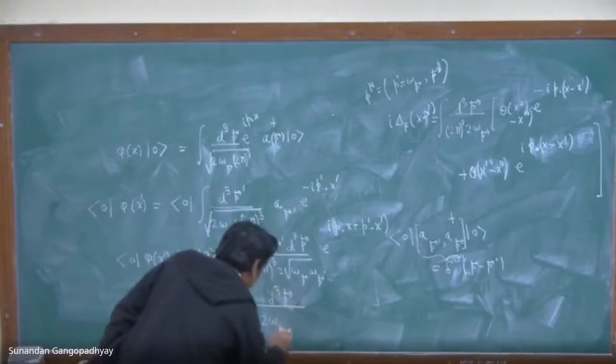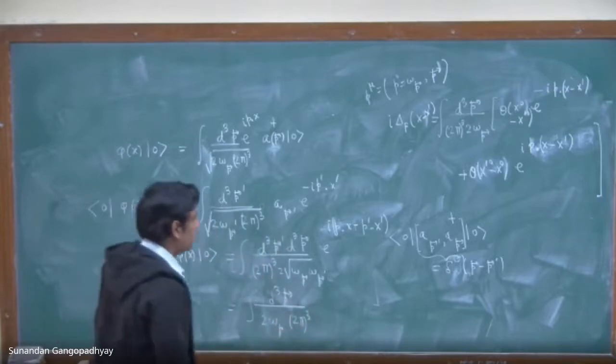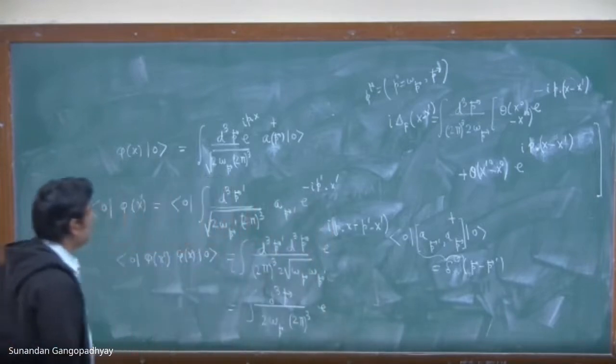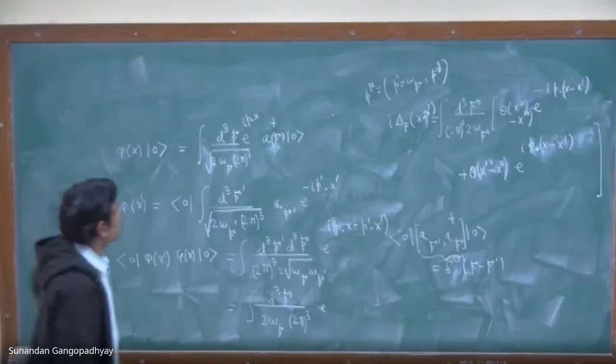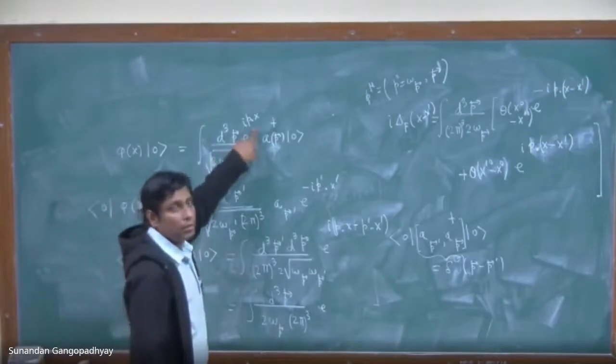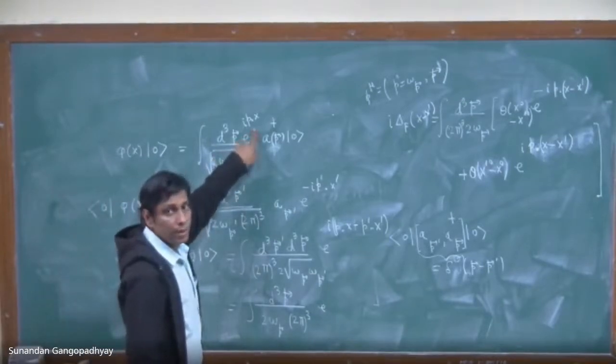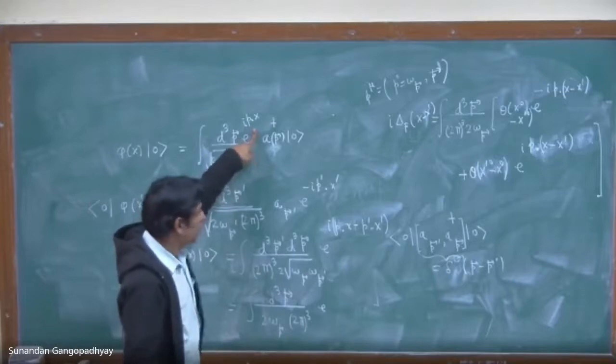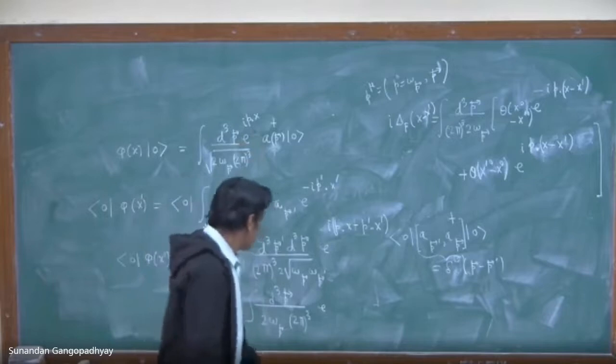You can write this down as i p·(x − x′), because P′ is equal to P. Since the P vector is equal to the P′ vector, it contributes only when these are equal. Therefore, at the 4-momentum level also they are equal.